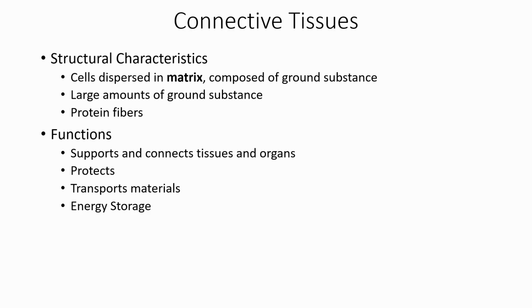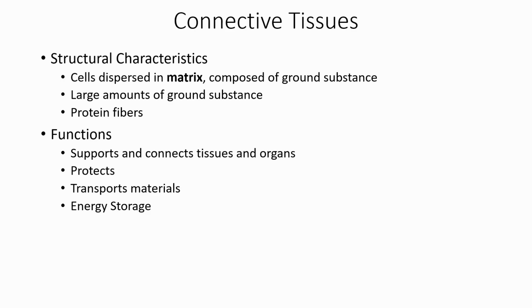So lots of fibers, lots of other materials that are acellular that are forming the world that the cells are living in, creating a material that the cells are suspended in. This matrix can be fluid, it can be gel-like or semi-solid, and it can be completely solid. We'll talk about the matrix for each one, or at least a handful of them as we go through these.